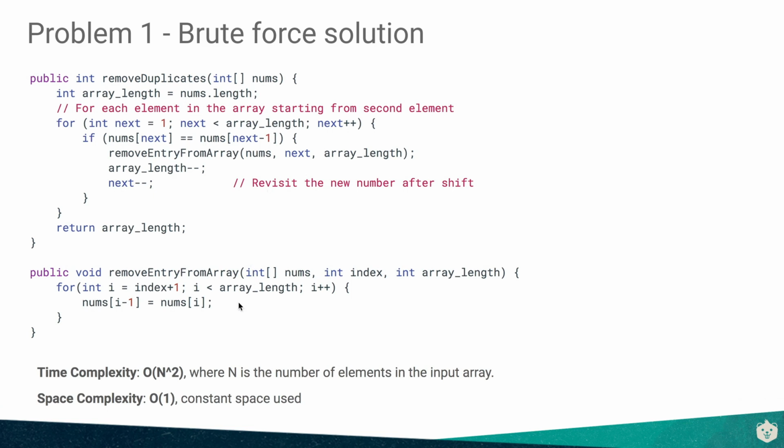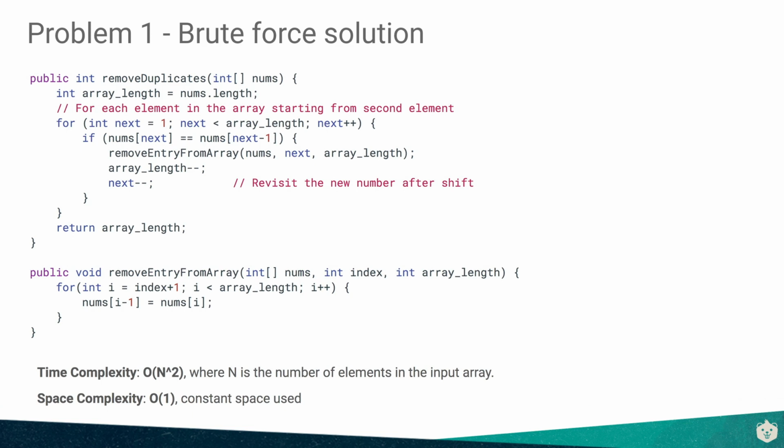So what's the complexity of this particular solution? You have a for loop here which is running all the way from the beginning of the array to the end of the array. If the size of the array is n, that takes O of n, one iteration. But inside this you have a nested for loop in the form of this function call, right? And this nested for loop is also shifting the elements, pretty much the rest of the array, all the way to the left, right?